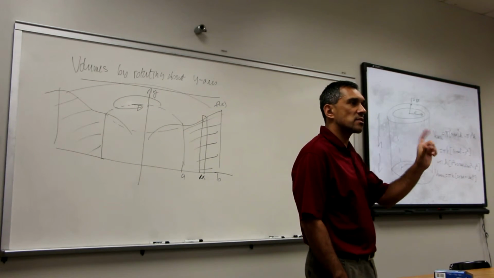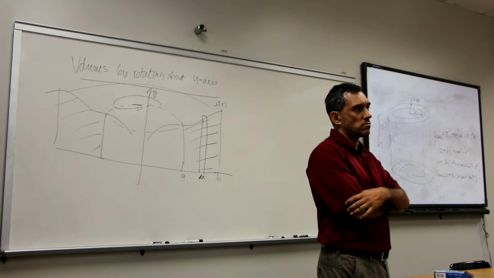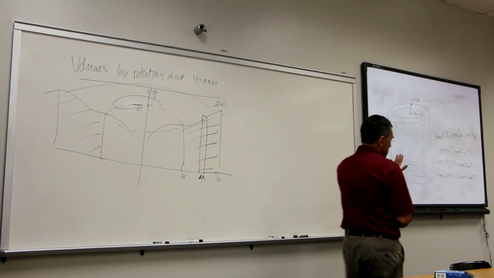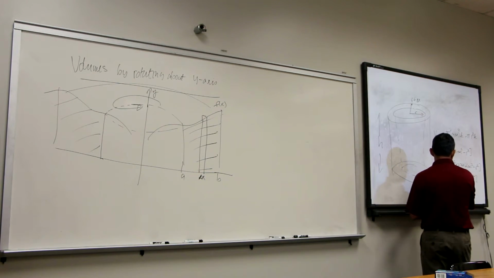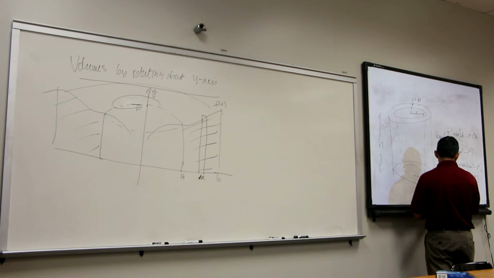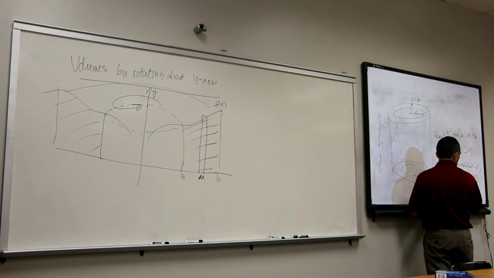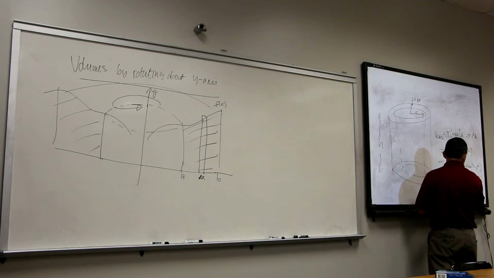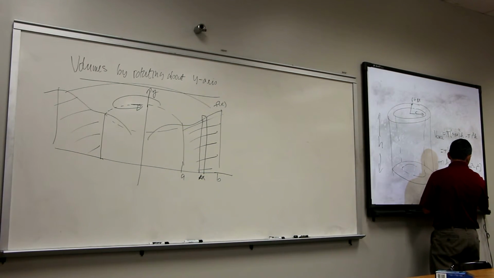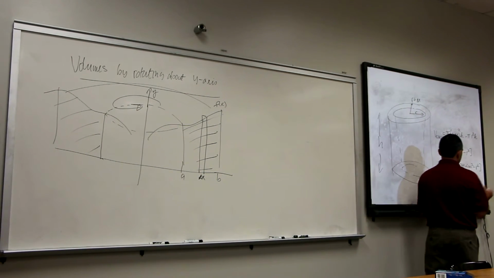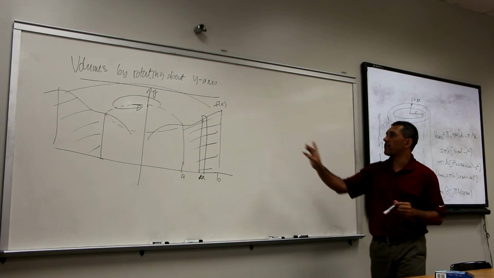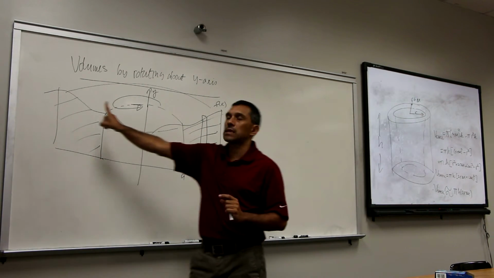That is to say, delta x squared is kind of small, so that you can approximate this. Pi h times 2r delta x would be the volume of this shell approximately.